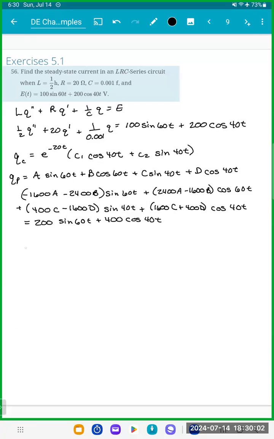Okay, that gives us that A is equal to negative 1 over 26, B equals negative 3 over 52, C equals 4 over 17, and D equals 1 over 17.